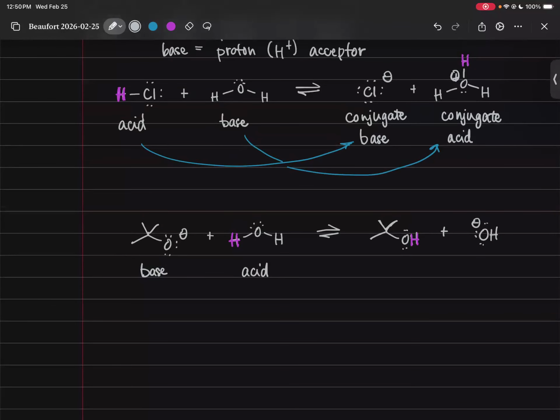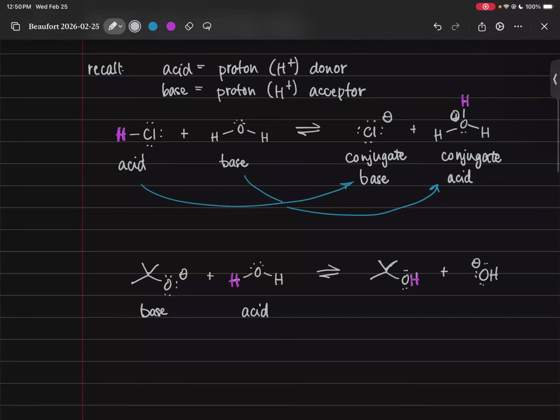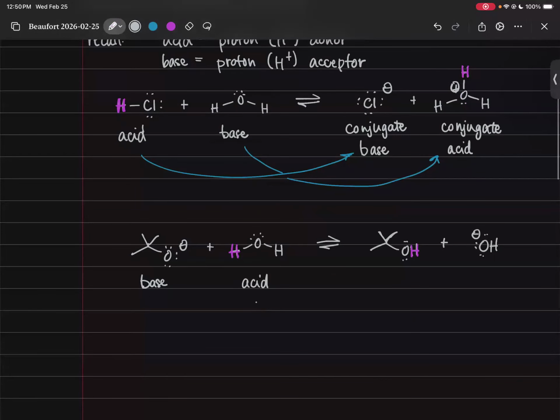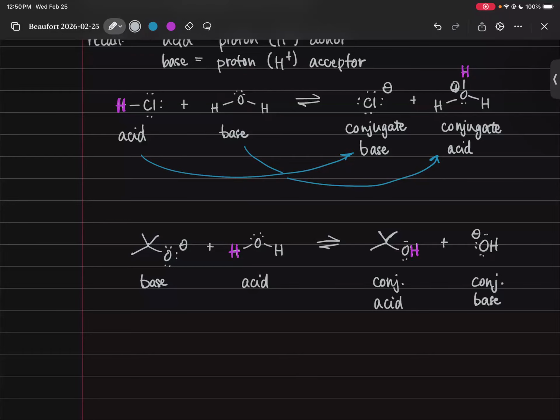So assigning conjugate acid and conjugate base, we could either pretend that we're going to do the reaction in reverse and use those definitions, or we can say, all right, well, the acid becomes the conjugate base and vice versa. All right, so the acid, water, is becoming the conjugate base, and the base is becoming the conjugate acid.